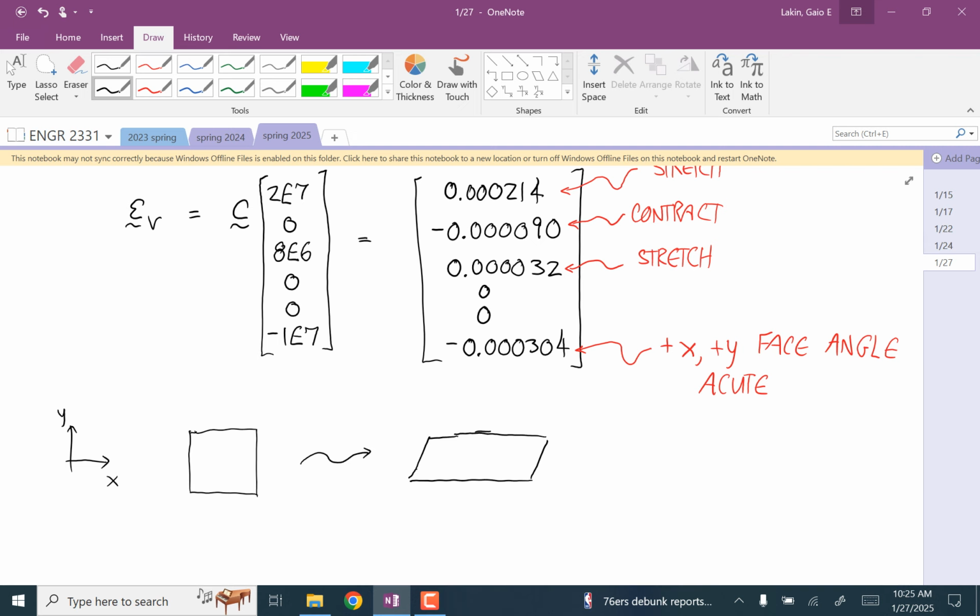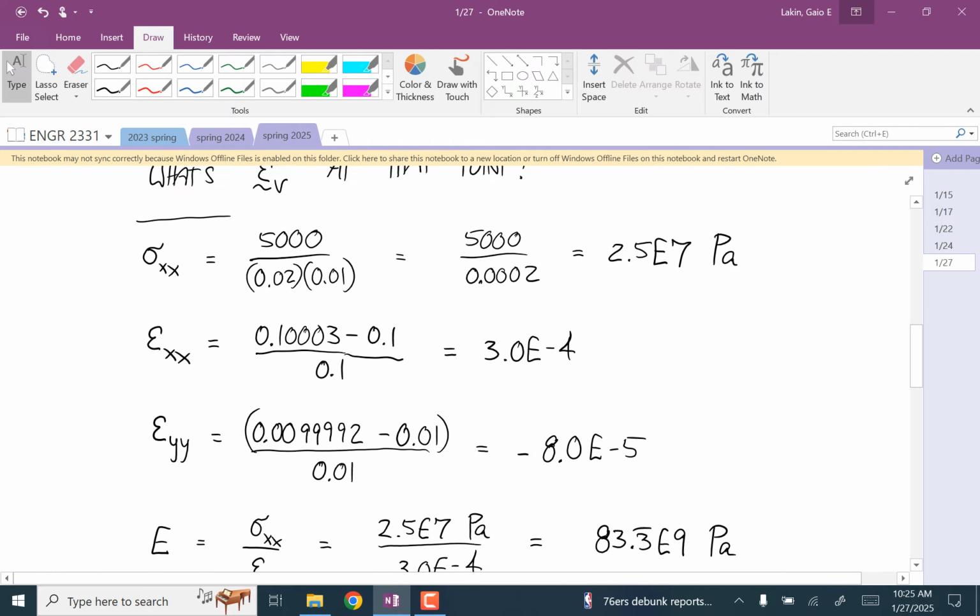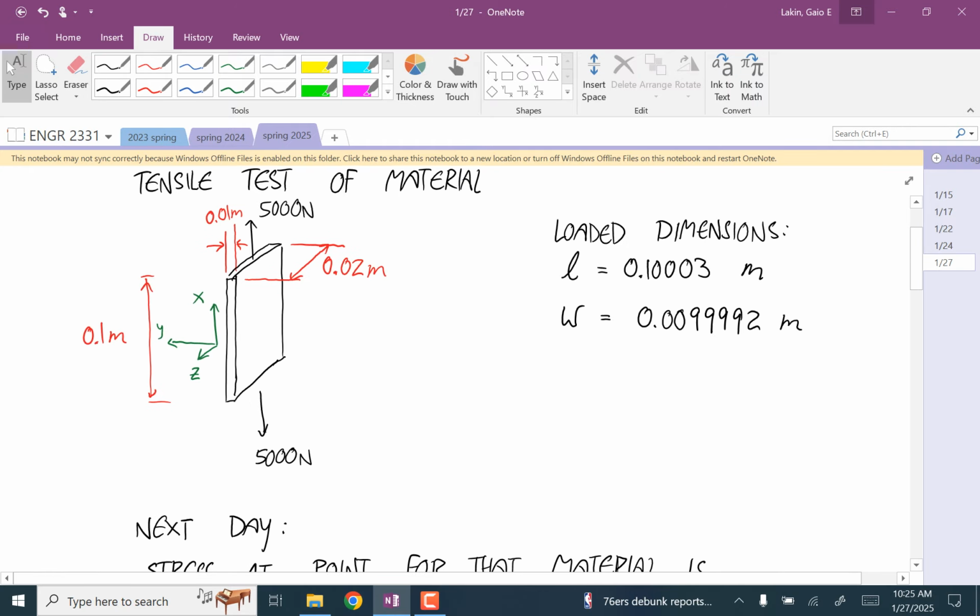So in this problem, you said the next day we measure the stress at a point. Is that something you can just do? How would you actually do it? Okay, so first we're going to do this engineering analysis with this new material, this new alloy or whatever. We do a tensile test, and you get all the information you need from it.